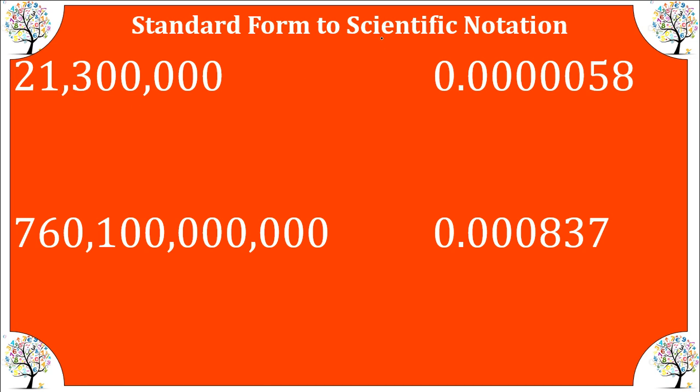So here we have 21,300,000. We're going to write it in scientific. So we need to make our coefficient a number between 1 and 10, but not greater than 10. So the decimal needs to be right here. So the coefficient is going to be 2.13, and the goal is to write as little as possible in our coefficient, so we don't need any of these zeros.